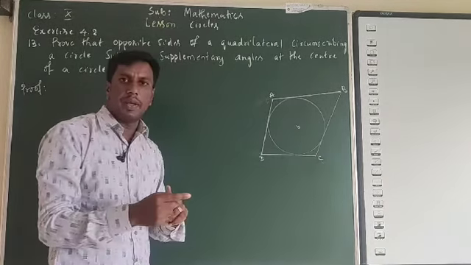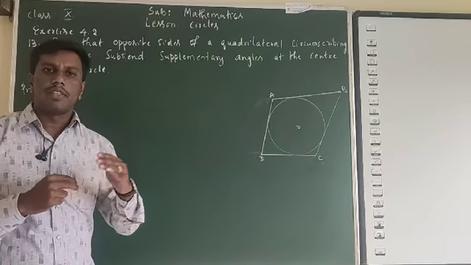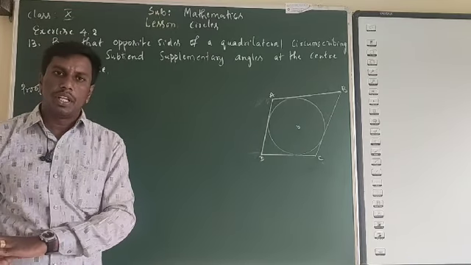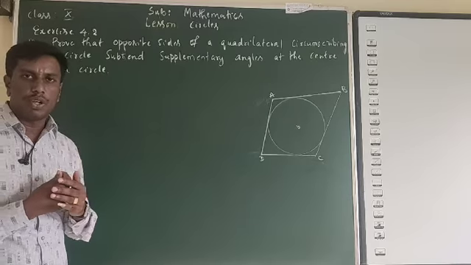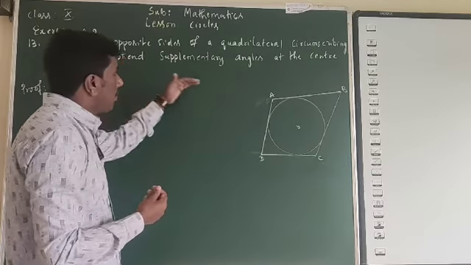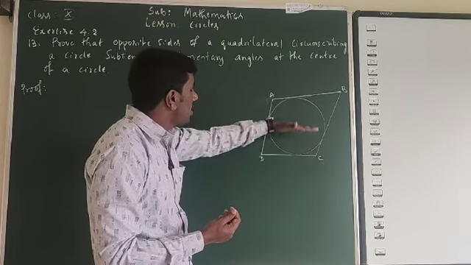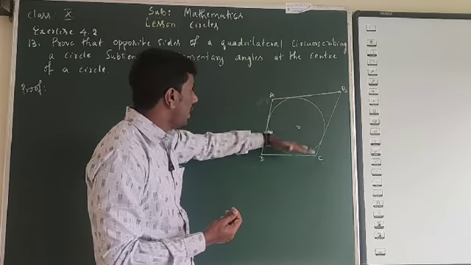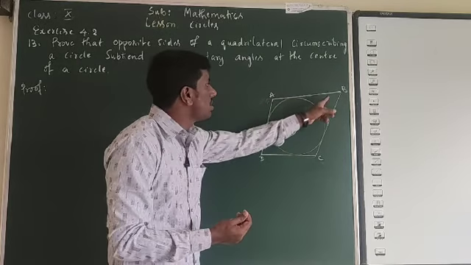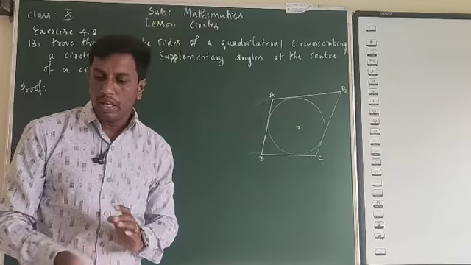What do you mean by supplementary? If you add those two angles, the sum must be equal to 180 degrees. So which two angles are you going to add? The angles subtended by the opposite sides of a quadrilateral at the center of a circle.